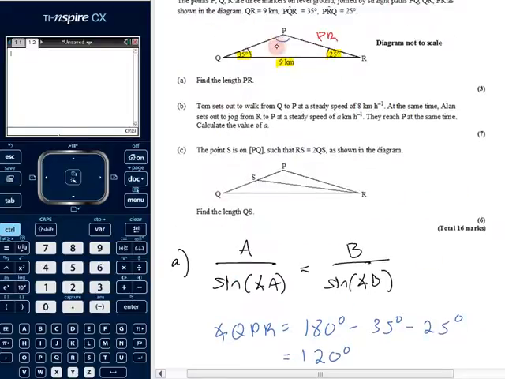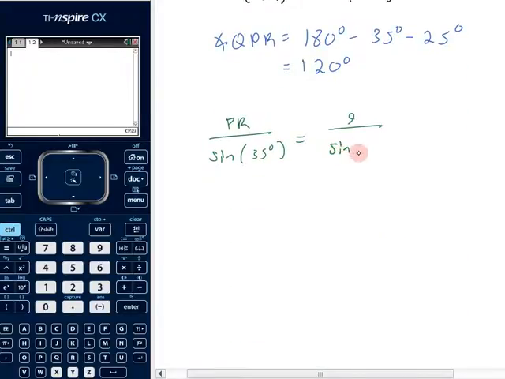And we just found that the angle opposite that side was 120 degrees. So that'll be the sine of 120 degrees. To solve for PR, I'll multiply the sine of 35 degrees to the other side. And we'll have to calculate.